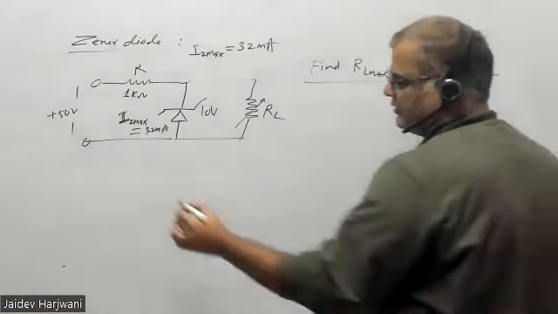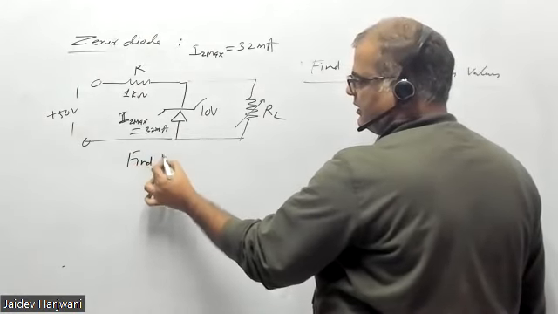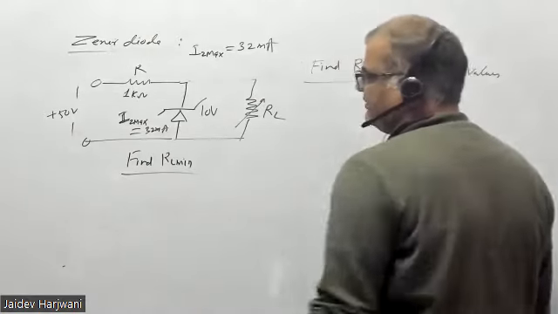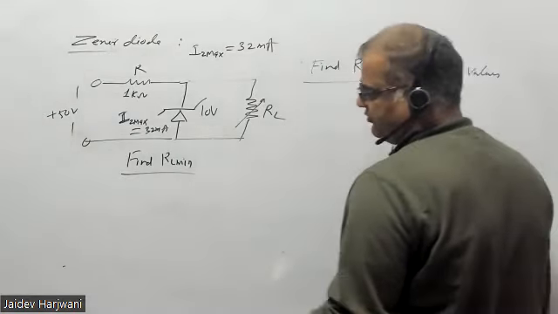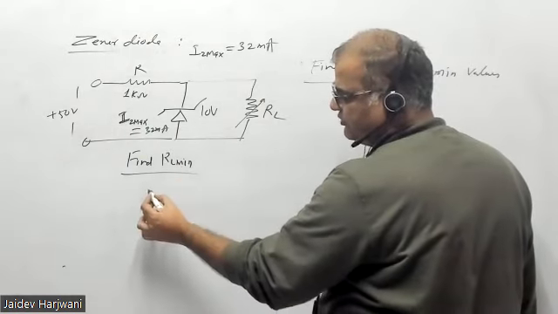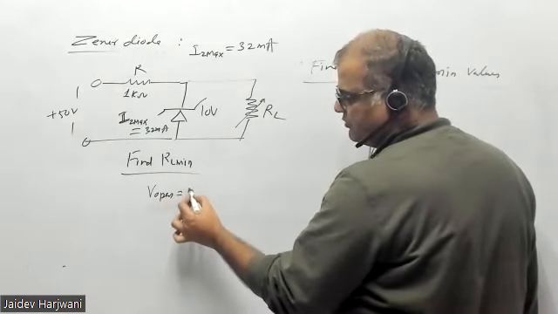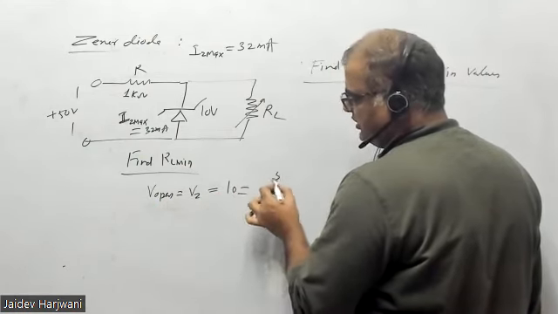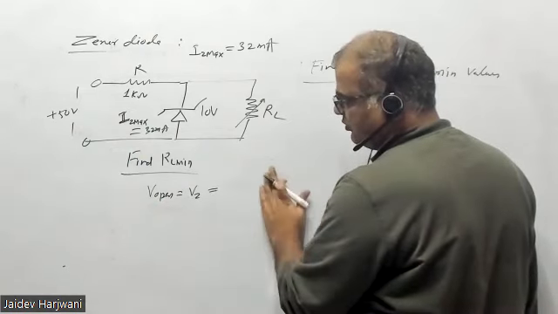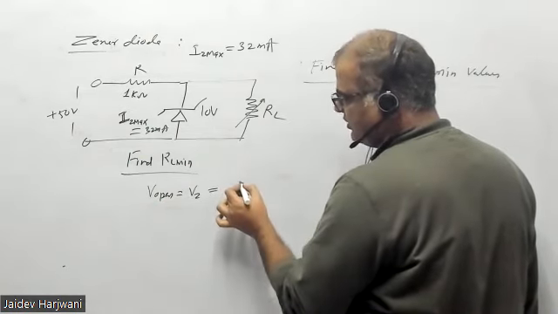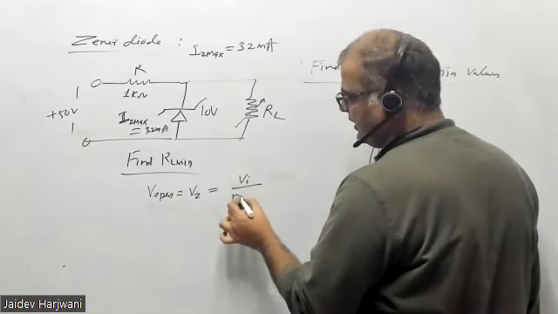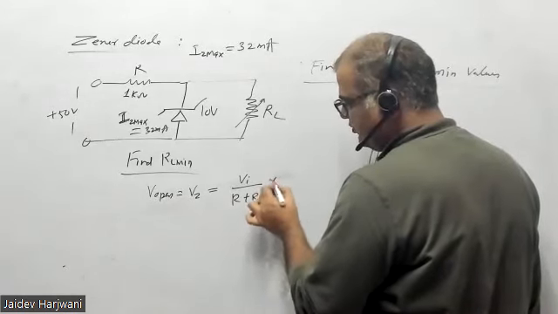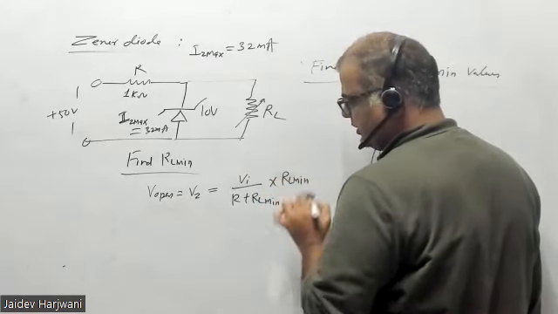Let us first find RL minimum. For RL minimum, what is the condition? For RL minimum, V open will be equal to Vz, which is given 10 volt. V open is V input upon R plus RL, into RL minimum.